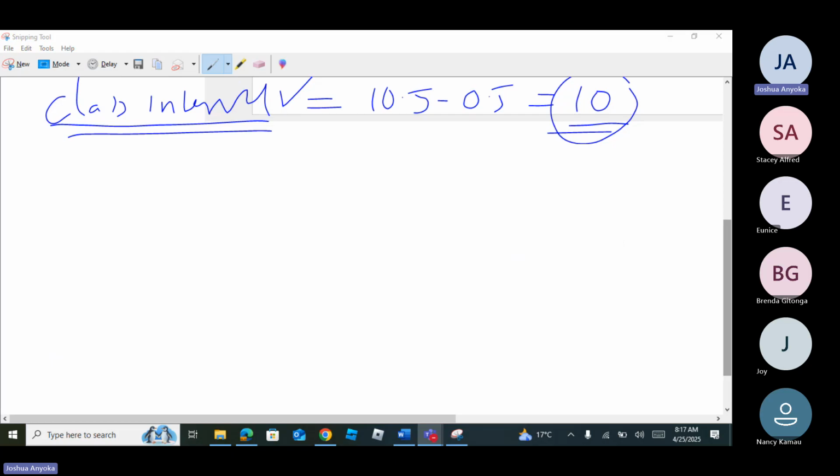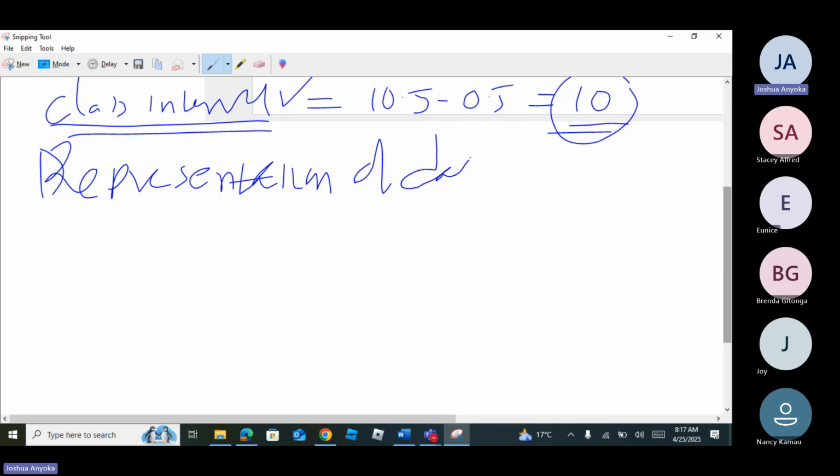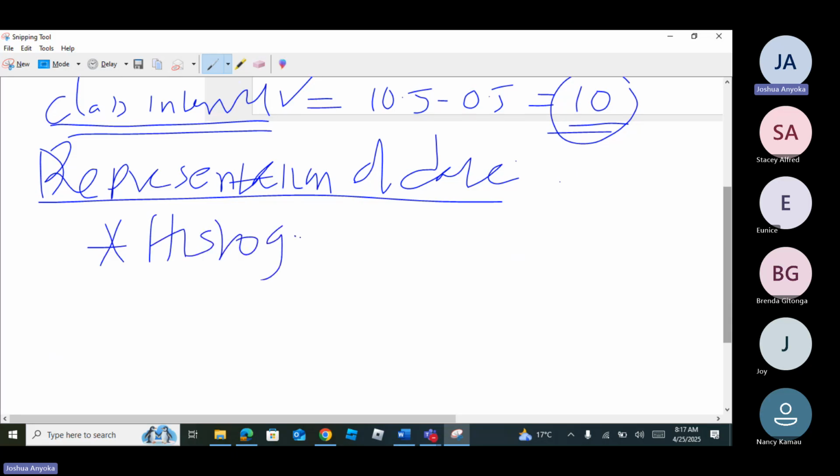What are we expected to know? We do representation of data. And this one will be done, we discuss mostly the histogram and the frequency polygon.